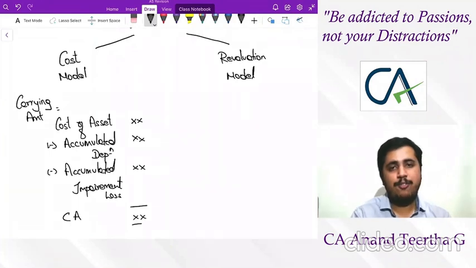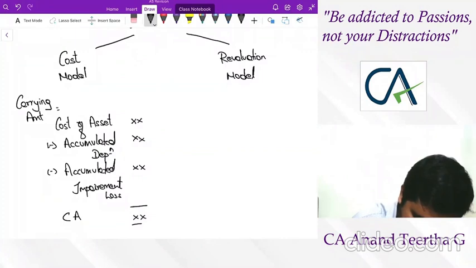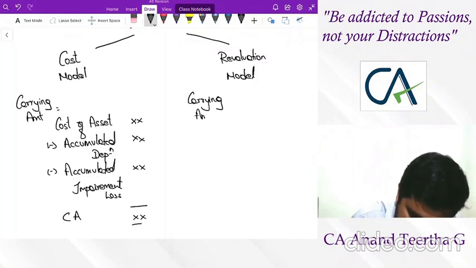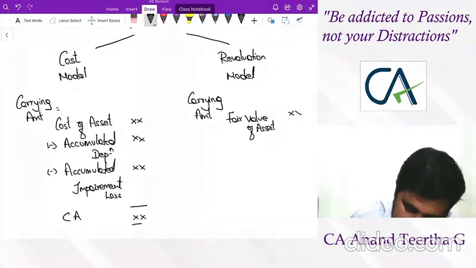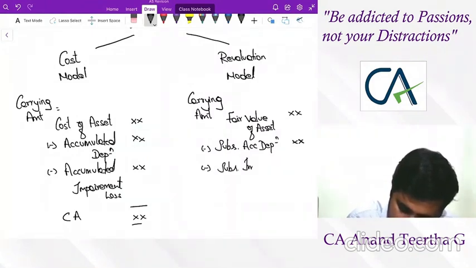Now if I follow the revaluation model, how can I calculate the carrying amount? The carrying amount will be the fair value of the asset, instead of cost, consider the fair value less subsequent accumulated depreciation, less subsequent impairment loss.